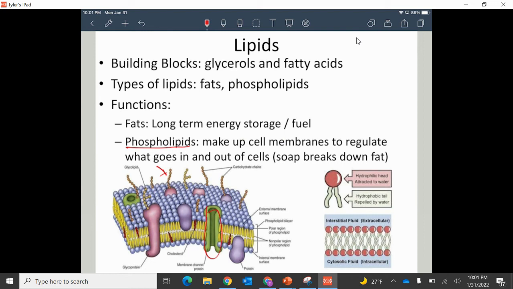So proteins, carbohydrates, lipids, they're just huge in terms of cell structure and helping cells function the way they do. The more we understand about these macromolecules and where they're being used, the more that's also how medicines are able to target certain things. They can find some of the structures within cells and use those to help design medications to destroy bad cells or things like that and help get us better. So, lipids.